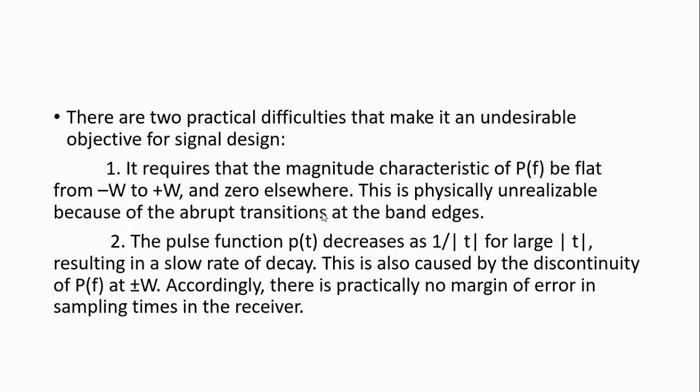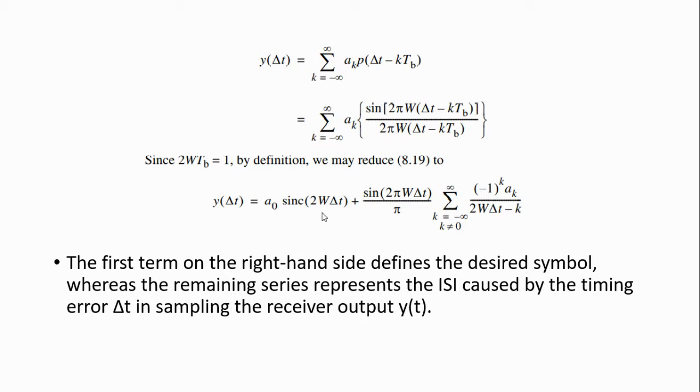There are two practical difficulties that make it undesirable. First, the magnitude characteristic of P of f must be flat from minus W to plus W and 0 elsewhere, but this is physically unrealizable and it does not provide an abrupt transition at the band edge. Second, the pulse function P of t decays as 1 divided by t for large t, which creates the discontinuity of P of f at plus or minus W, and there is practically no margin of error in sampling time at the receiver.